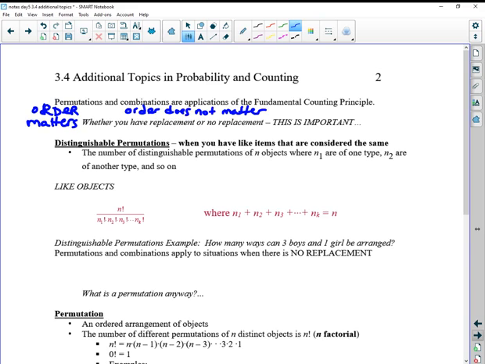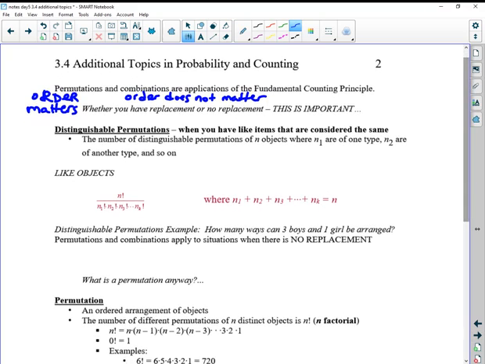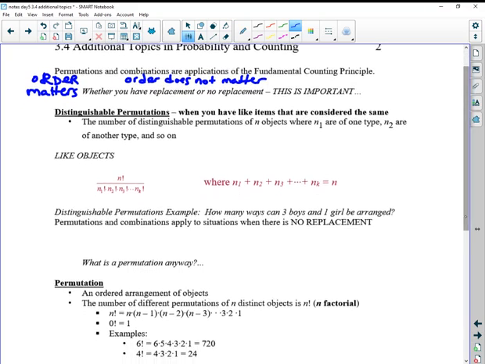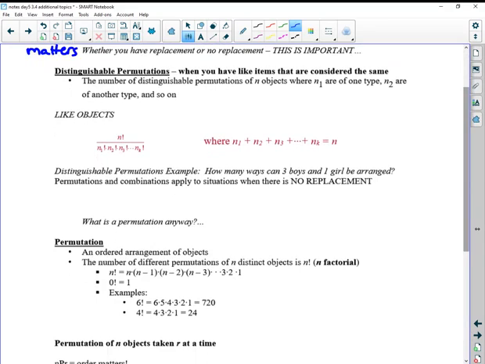And there's some great formulas in statistics that help us find permutations and combinations. Now, the first thing is if we have like objects, this is a great way to help us figure out a distinguishable permutation. Like, for example, in our situation where we had a man, man, man, and woman.